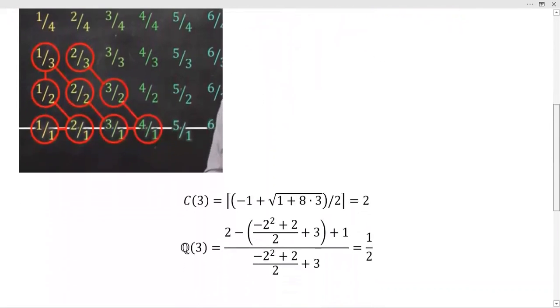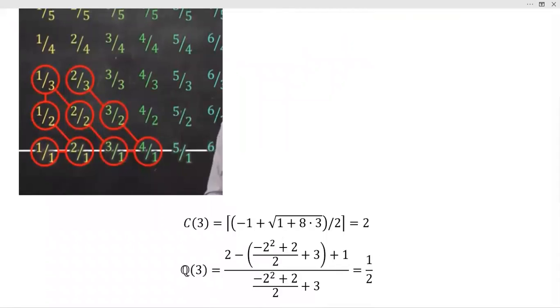Let's go down and see how a particular computation might go. Q at 3 means to find the third rational number. The first thing you have to do is find the ceiling at 3. This one turns out to be easy to compute, because the radicand would be 25, so the square root of 25 is 5.